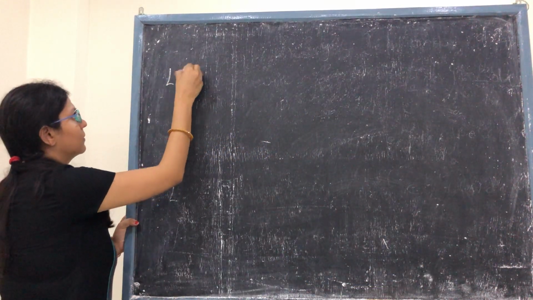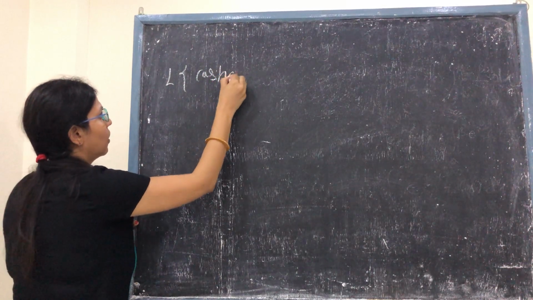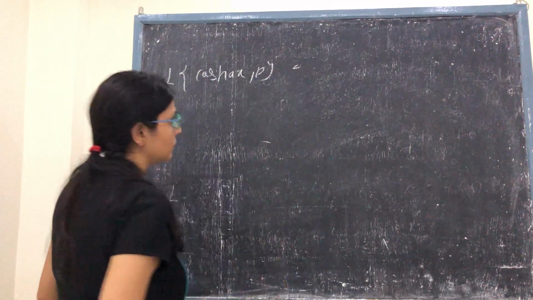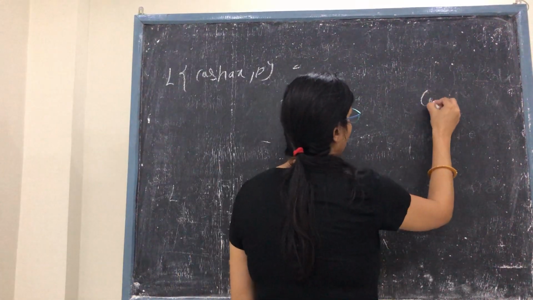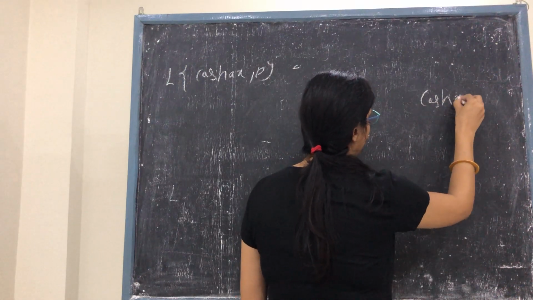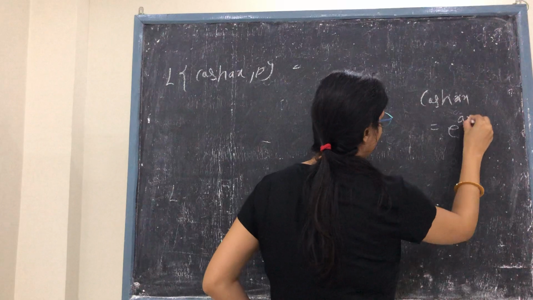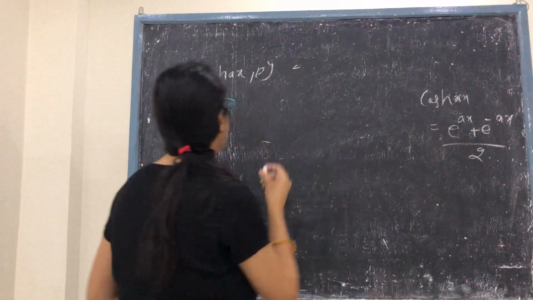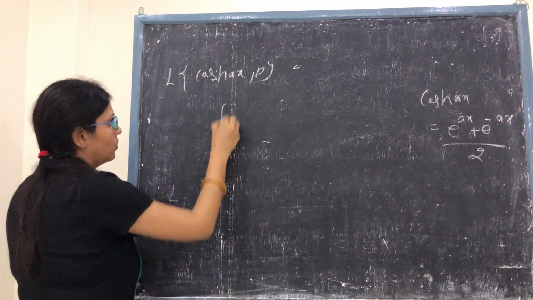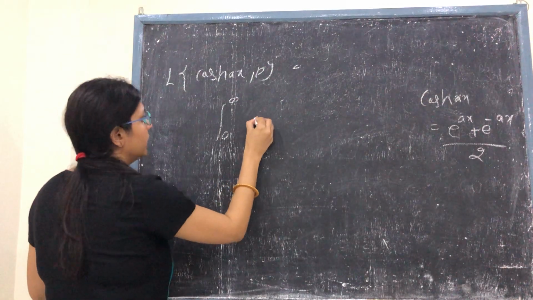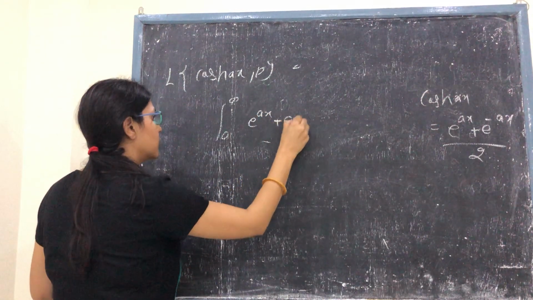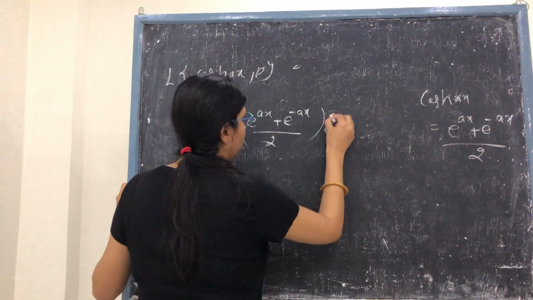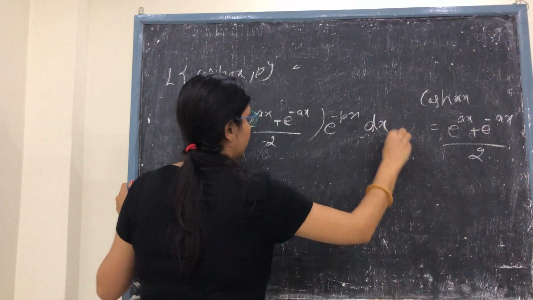We have to find the Laplace transformation of cos hyperbolic ax. Since we know that cos hyperbolic ax can be written as e raised to the power ax plus e raised to the power minus ax over 2, using this we can write it as the integral from 0 to infinity of e raised to the power ax plus e raised to the power minus ax over 2, times e raised to the power minus px dx.